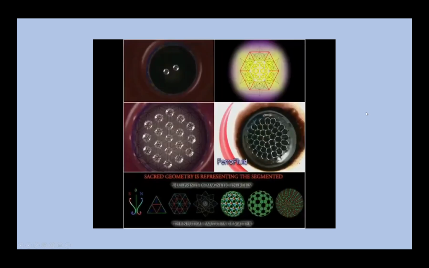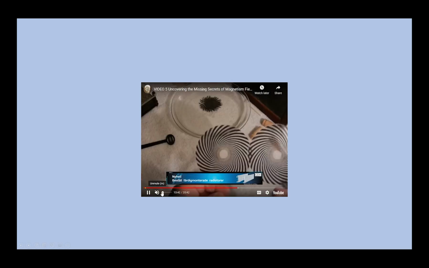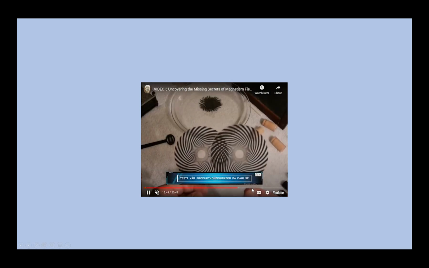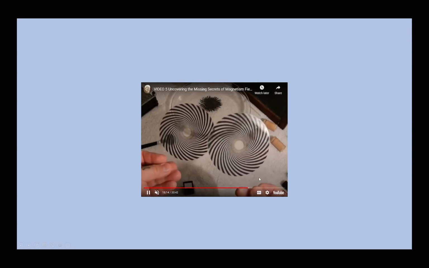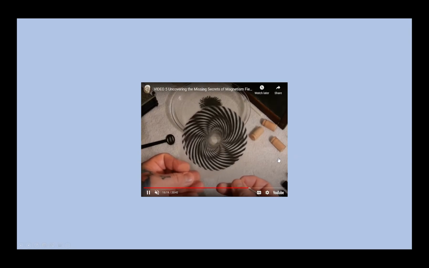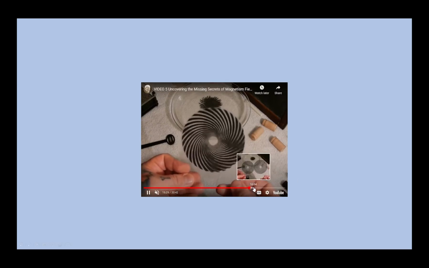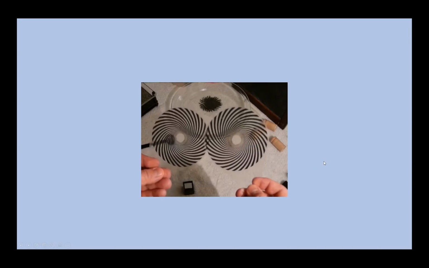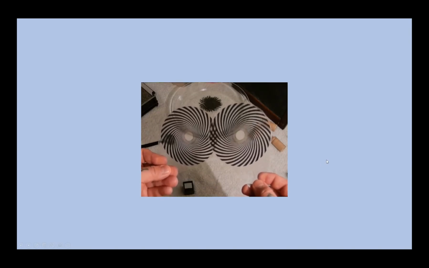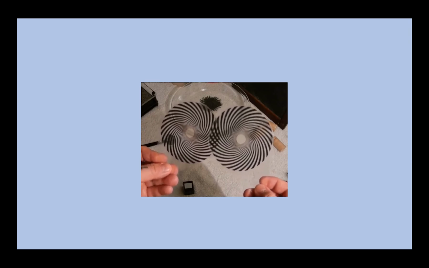Well, let's look at this. This guy is cool. We should look at him. So you have clockwise and anti-clockwise. When you put them together in the same turn, clockwise, clockwise or anti-clockwise, you get this. But the interesting thing is when you have them opposite, right? Clockwise and anti-clockwise, you put them together.